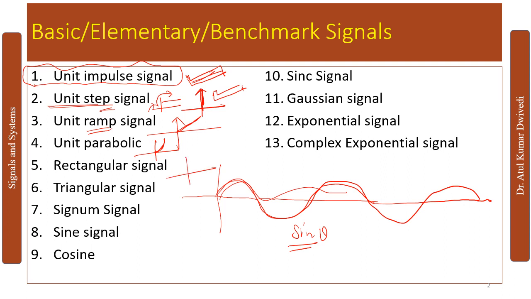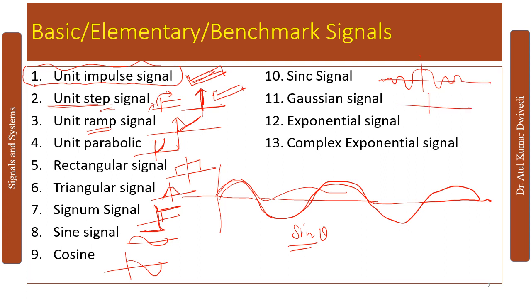The rectangular signal represents a rectangle. The triangular signal is represented by a triangle. Signum is a special form of the step. Sine signal you already know. Cosine signal also you know, like this. Sinc is a special one, like this: it starts from a high value at 0 and goes down, reducing with time.